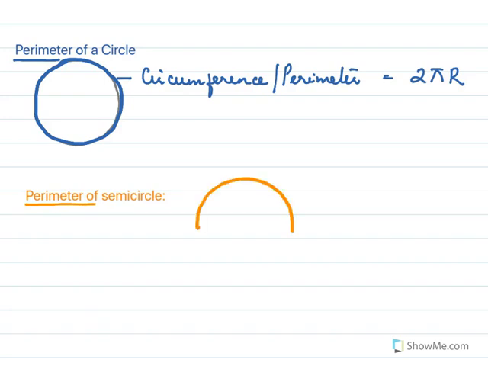So this is a semicircle, which is half a circle, and this arc will be 2 pi r divided by 2, because 2 pi r is the entire circumference, and this is 2 pi r divided by 2, which is pi r. But to that we also need to add this segment, which is the diameter, and the diameter you know is 2r.